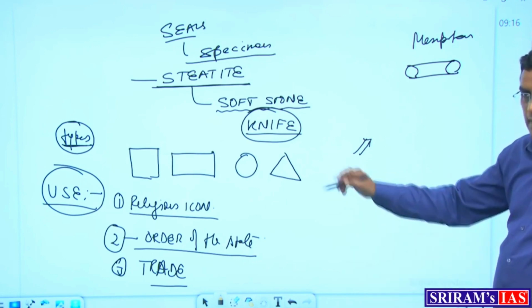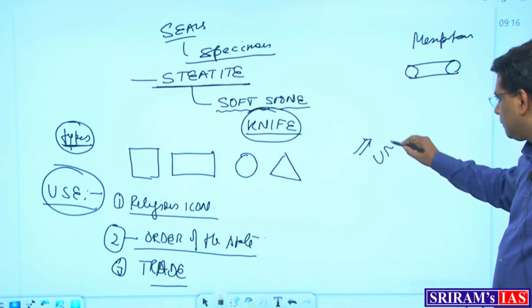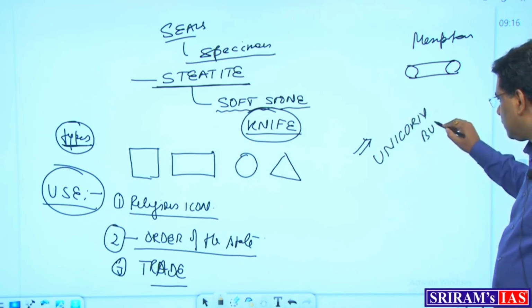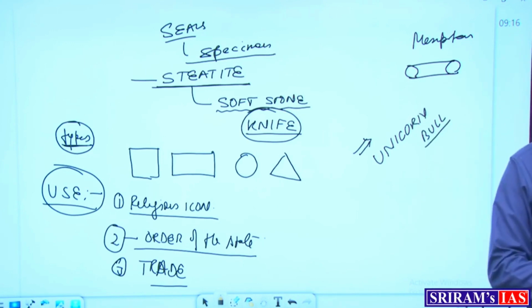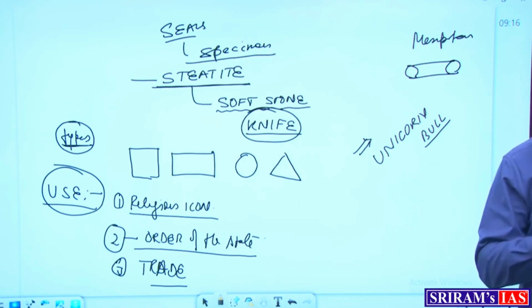Most of the seals had a unicorn bull. What is this bull? Unicorn means a single horn, but it is not a rhino, it is a bull.